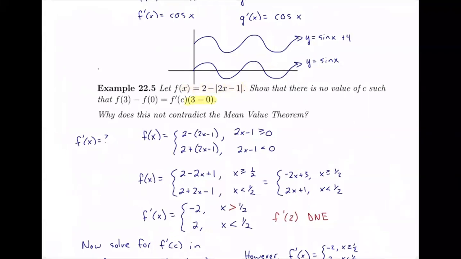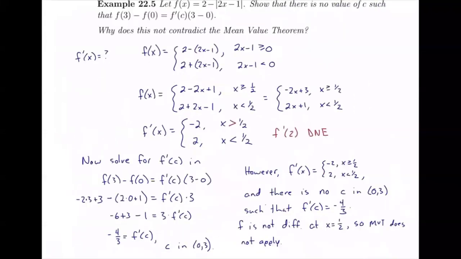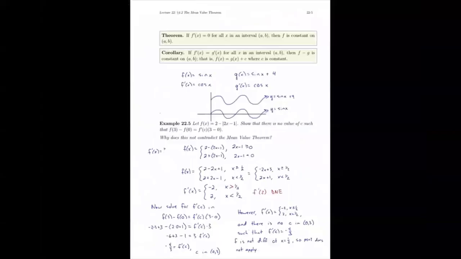So the mean value theorem doesn't apply to it. So there's no reason to expect that we can find such a c value. It won't be guaranteed because the conditions of the mean value theorem are not met.